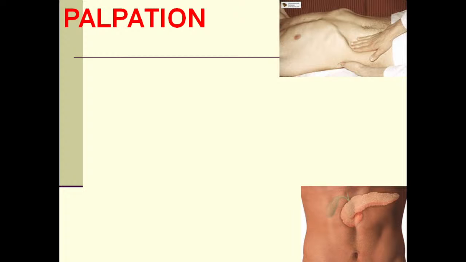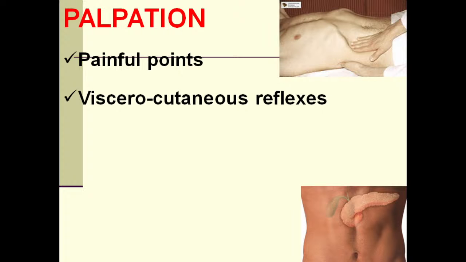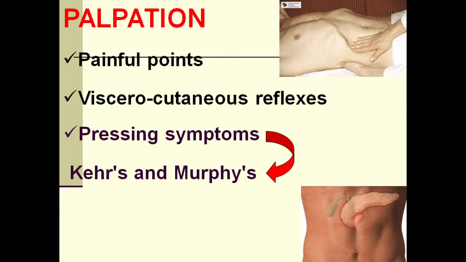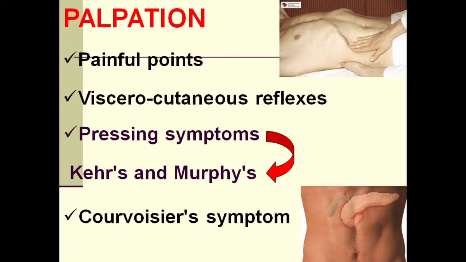But to reveal pathology of the gallbladder, we'll use specific symptoms, and on the exam, we'll ask you about demonstration of painful points with percutaneous reflexes and specific pressing symptoms, Kehr and Murphy, and the Courvoisier symptom, which is used for differential diagnosis between gallbladder and pancreatic jaundice.